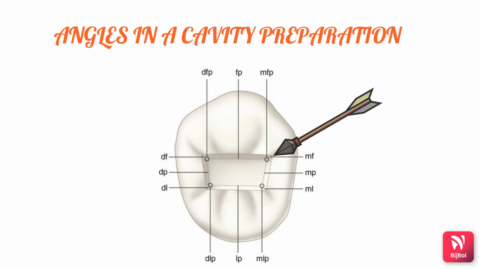The line angle is the junction of two walls in the prepared cavity along a definitive line, that is mesiofacial, mesiolingual, distofacial and distolingual in a class 1 cavity. Now we'll see the point angle. It is the junction of three walls in the cavity preparation at a point. That includes the mesiofaciopulpal, mesiolinguopulpal, distofaciopulpal and the distolinguopulpal in a class 1 cavity.